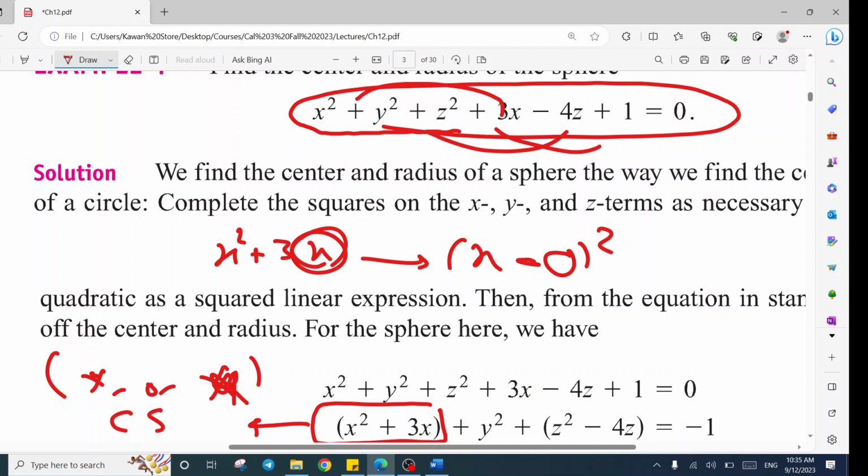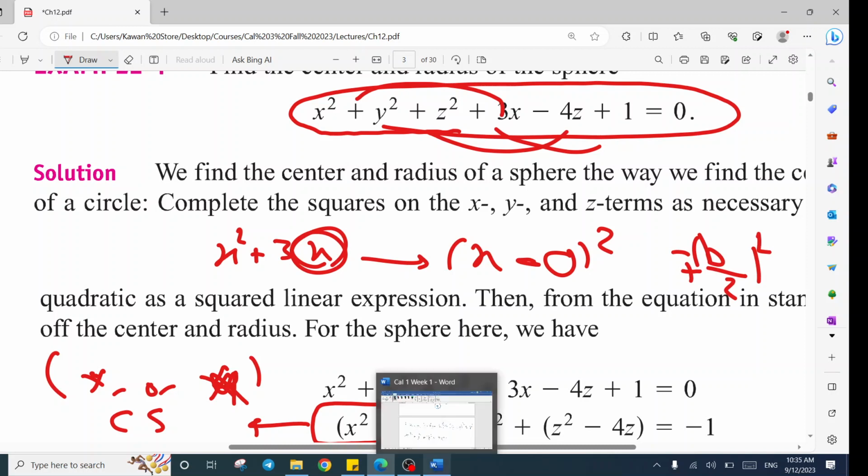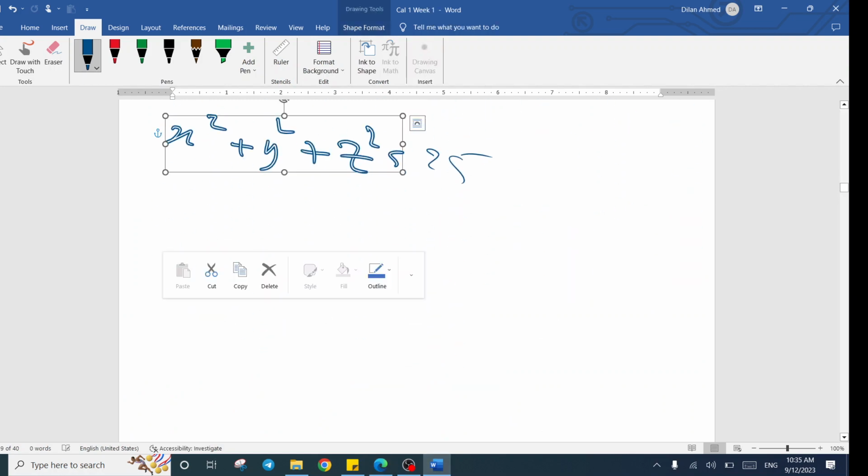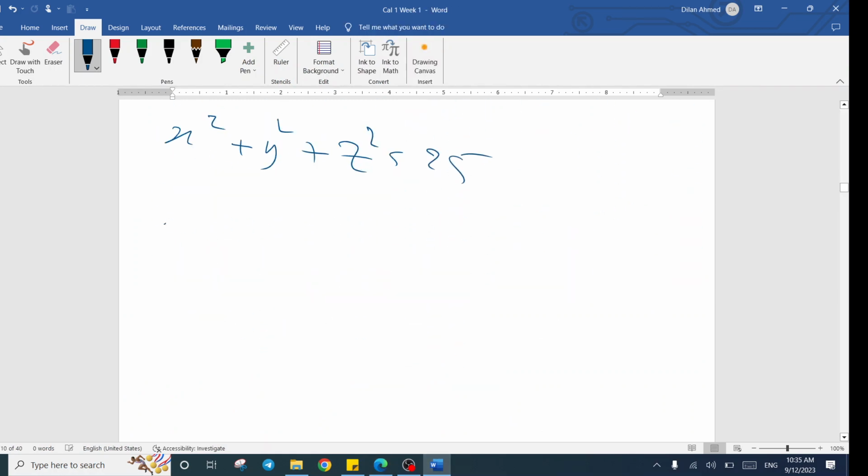Calculus 2, chapter 8. We have b over 2, plus or minus, squared. Do you remember that? Of course you saw that before. So let me change it together. I have x squared plus 3x. Am I right? So how do we change it?